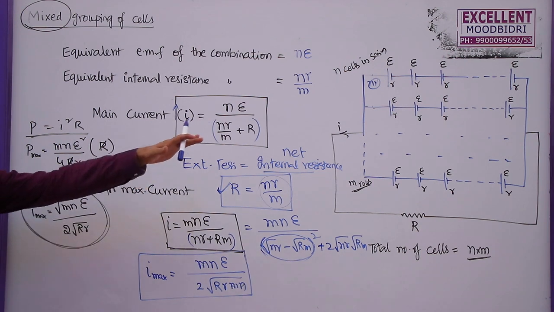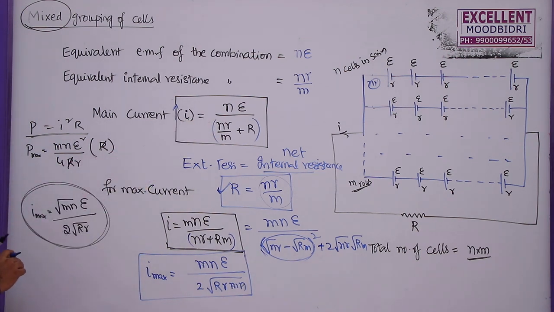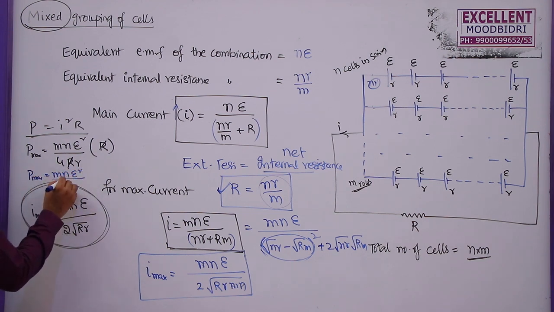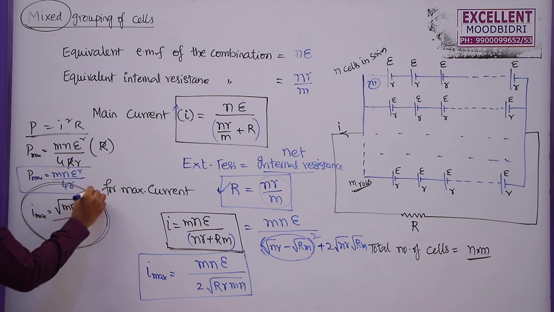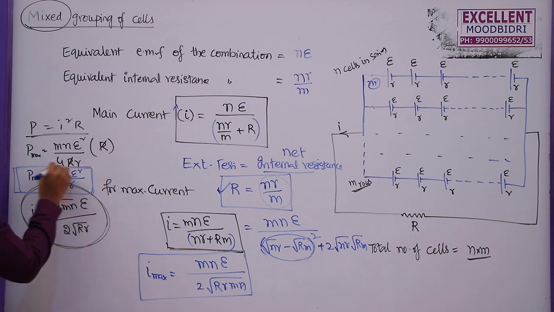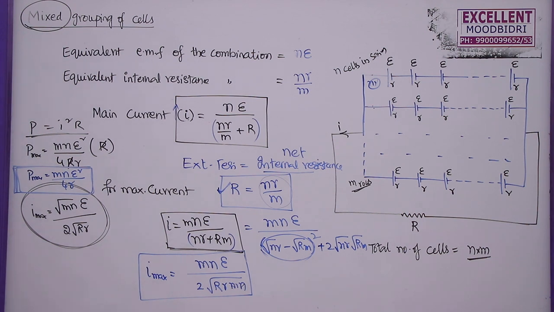So what is the maximum power consumed by this mixed grouping of cells? The maximum power consumed is given by MN E square by 4 small r. So this is the maximum power consumed by the external resistance in this combination.